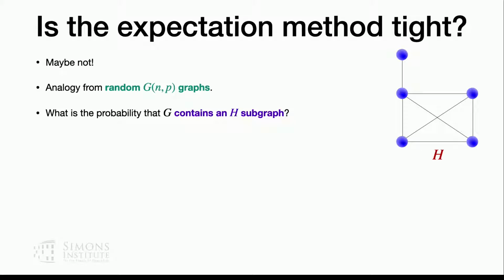Okay, so here's a completely different question. For those of you who don't know, a G(n,p) random graph is a graph with n vertices where there are n choose 2 possible edges, and each possible edge will occur with probability p.